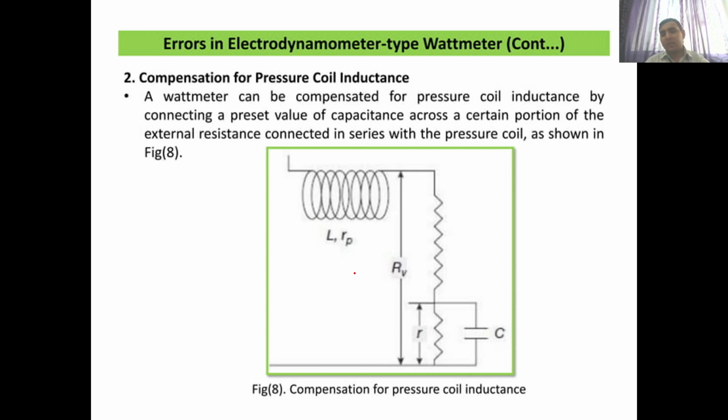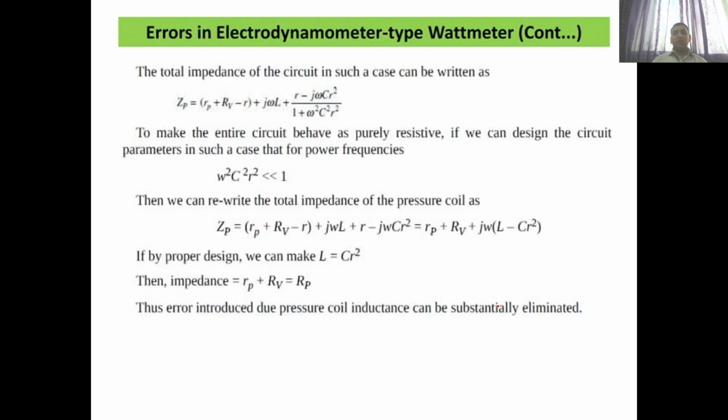In this particular case, if there is some inductance in the system, we have to provide some capacitance in parallel with the external resistance R. This is a small resistance R in parallel with C. Now the overall impedance of the system can be written as Rp, Rv minus R, j omega L, R minus j omega C R square, over 1 plus omega square C R square.